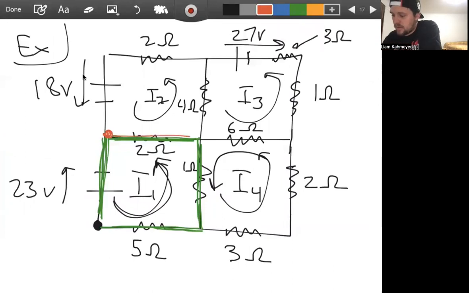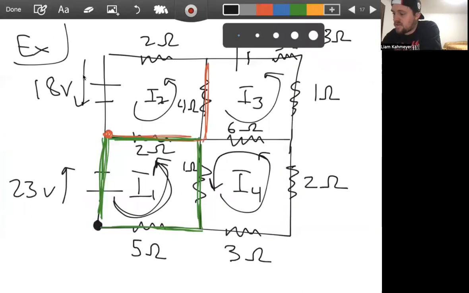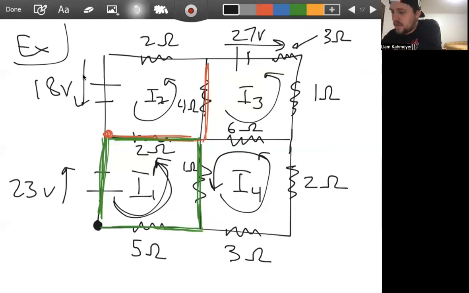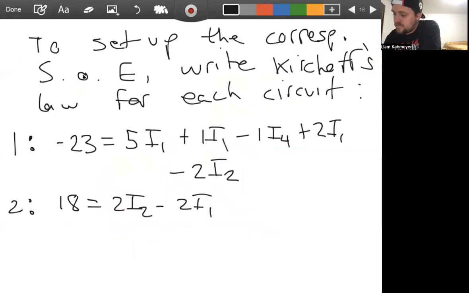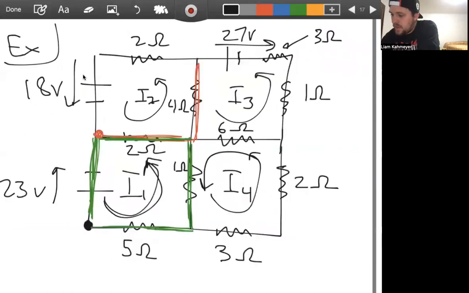Then we've gone here, let's go up. Then we're going to have 4I2 minus 4I3, because I2 and I3 are in opposing directions for this piece of the circuit. And so we'll have plus 4I2 minus 4I3.